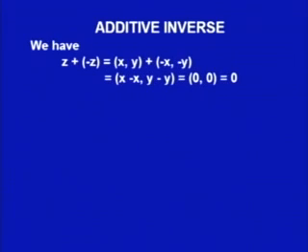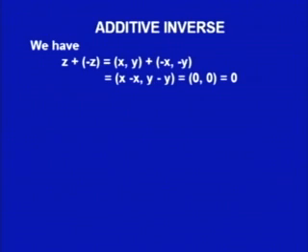Then we define the additive inverse of z with respect to addition, that is z plus minus z. If we see, this is equal to the number z, meaning x comma y, that is x plus I y, plus minus z, meaning minus x comma minus y, or minus x plus I times minus y. This addition is equal to the addition of two complex numbers with real and imaginary parts as x minus x and y minus y, that is 0 comma 0, that is 0 plus I 0, that is the complex number 0.